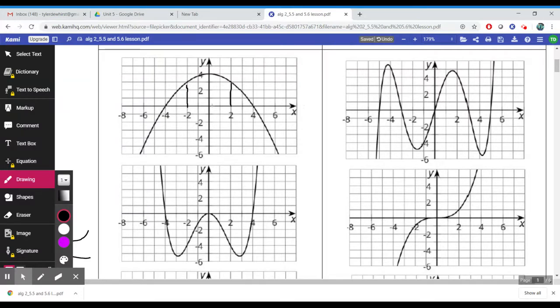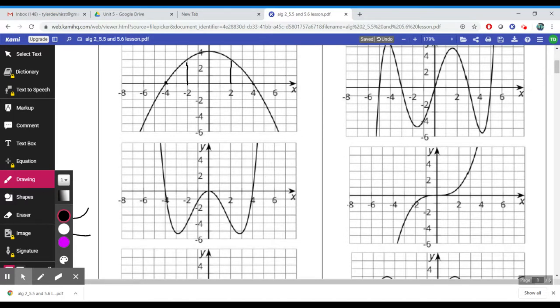If we look at f of negative 4, that's going to be this point on the graph right here, its output is 0. Switch the sign on that, f of positive 4's output is also 0. So for even graphs, changing the sign on the input will give you the exact same output.